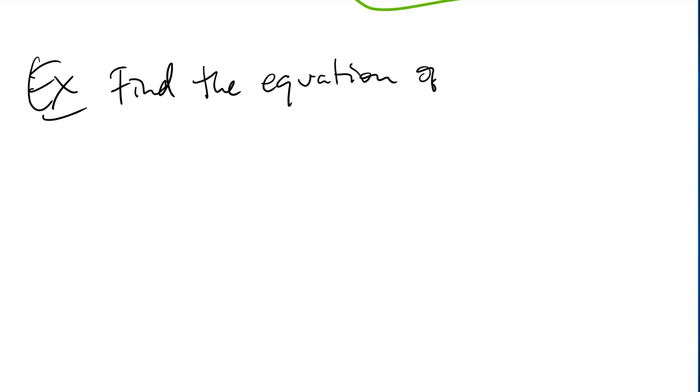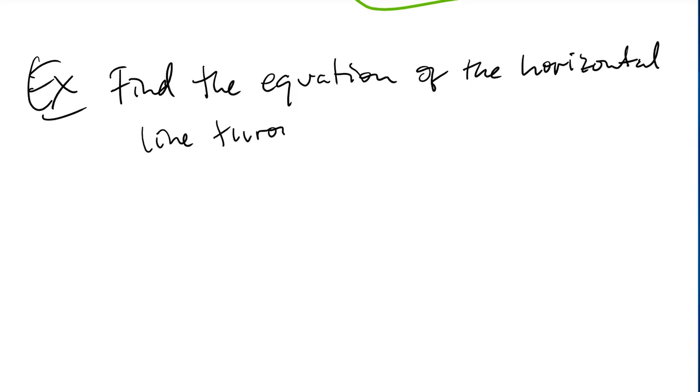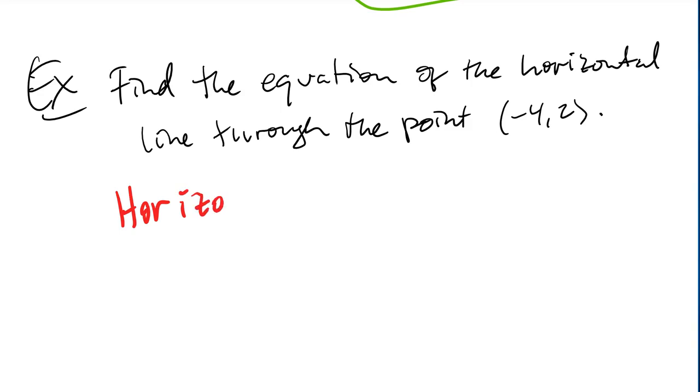It could say something like find the equation of the horizontal line through the point, I don't know, let's say negative 4, 2. Okay, so the solution is, first of all, horizontal lines have 0 slope. We know that from above. So we know the slope right away, 0 slope.